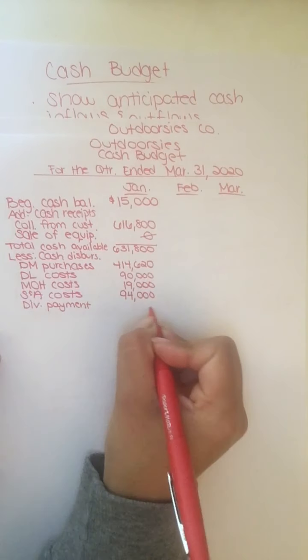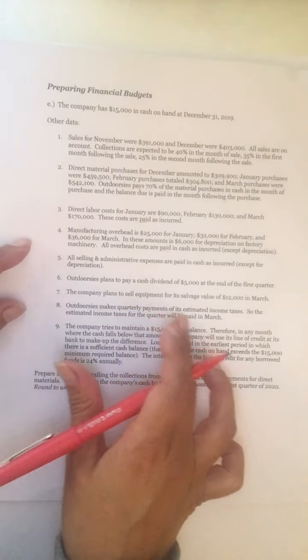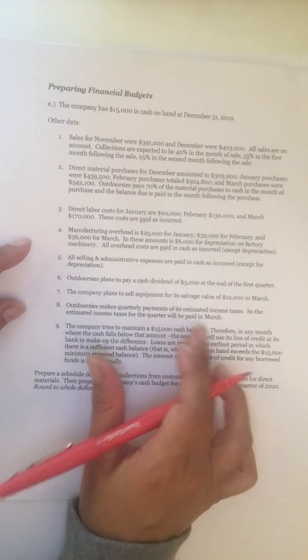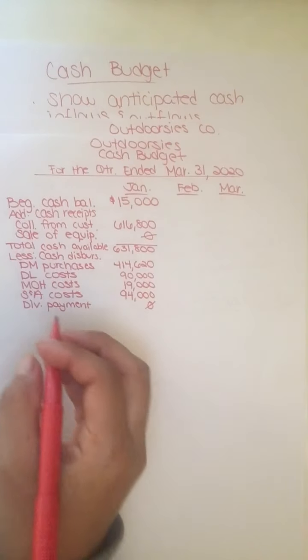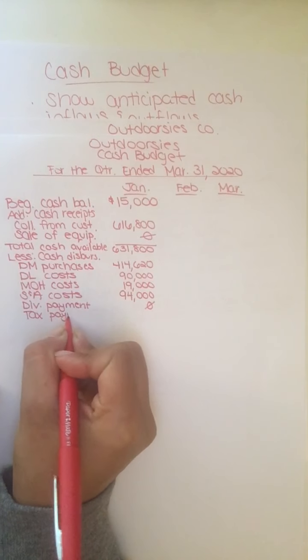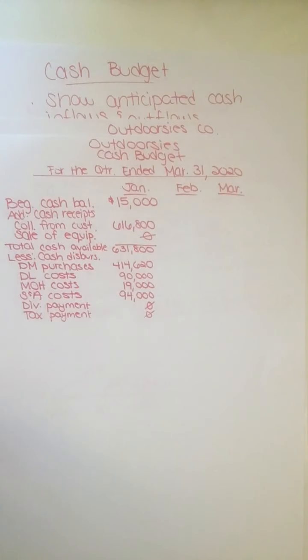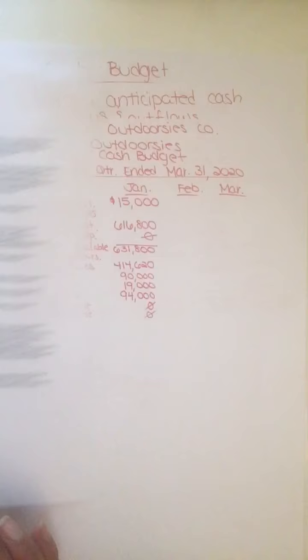So it's 0 for January, but I just want to leave the space for March when we get there. Outdoorsy makes quarterly payments of income tax, so it will be paid in March. Let's leave a spot for it. For January, it's 0, but we'll have something in there for March. And that is all the disbursements that we have.